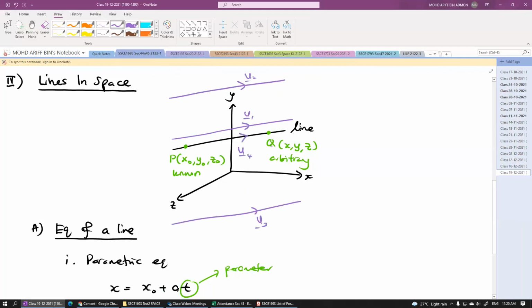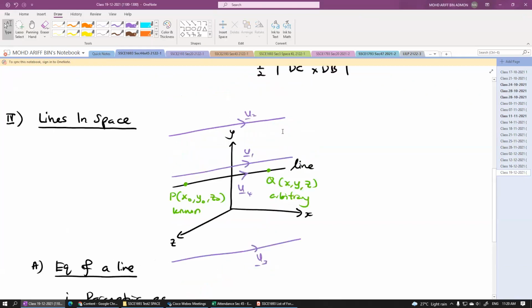Your parallel vector can be anywhere as long as it is parallel to your line and you know this vector. For example, I consider u2 and eliminate the rest.